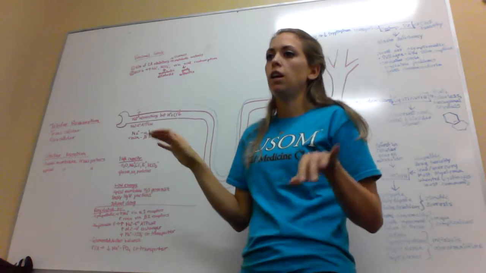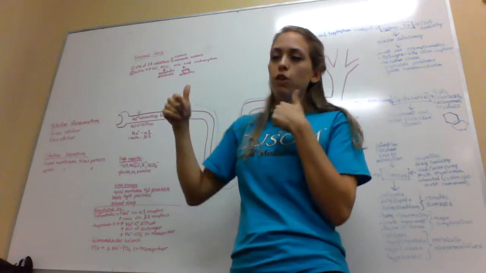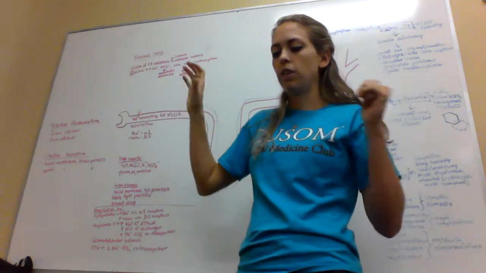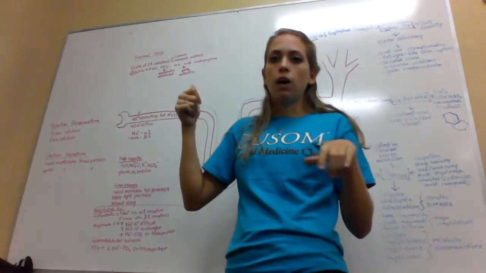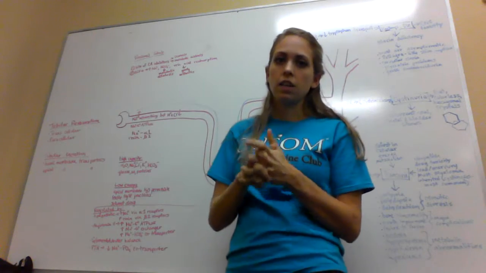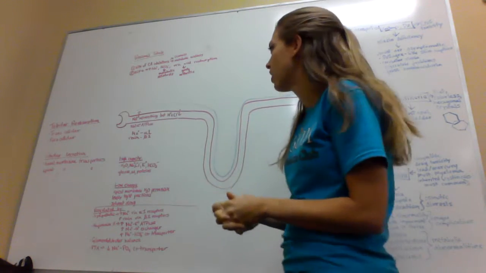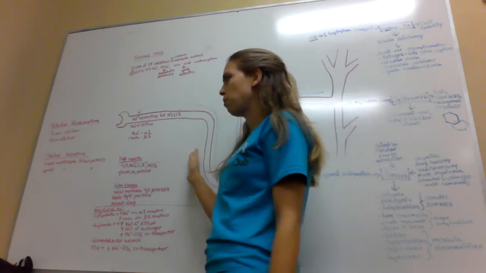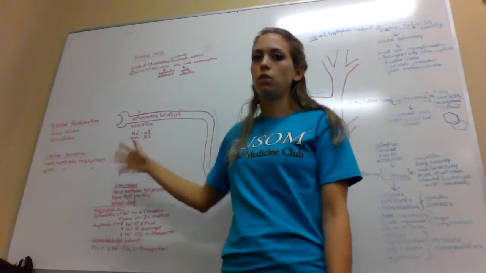Another byproduct of sodium absorption can cause a negative effect: if you have increased sodium, you have increased uric acid reabsorption, and this can cause a gouty arthritis attack. So that's when the proximal tubule is working the way it's supposed to.